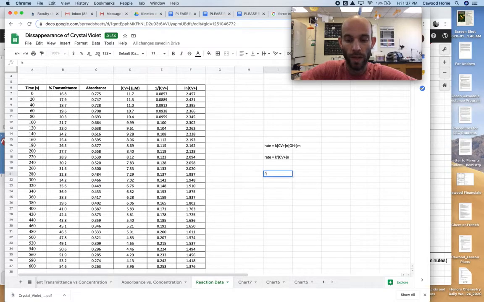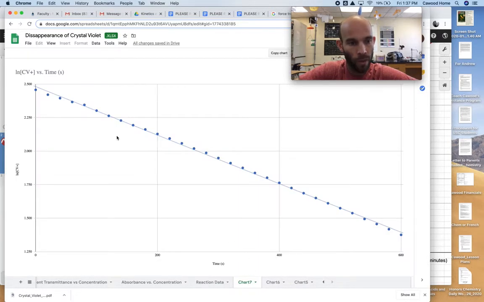Okay, so we know that n is first order. And furthermore, if you really wanted to delve into it, you could go back and look at this graph and determine the slope of this line. And I can graph this one actually.